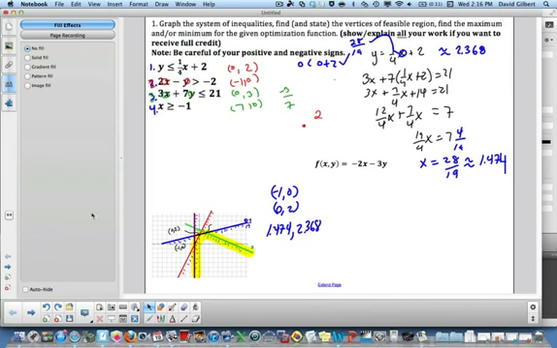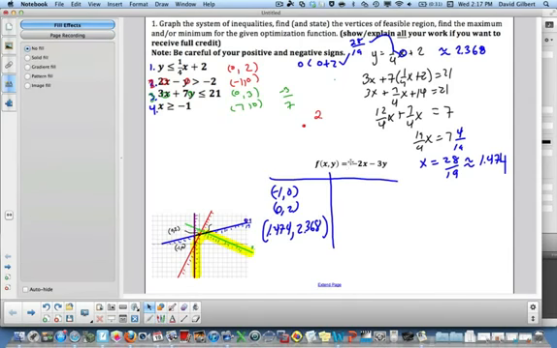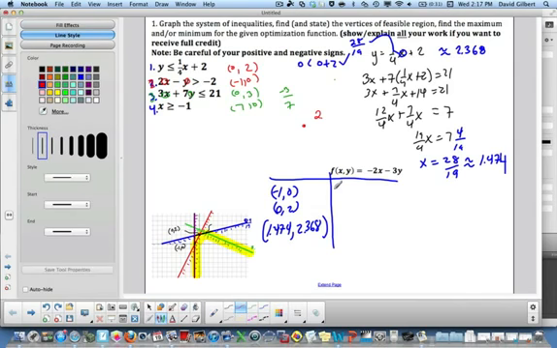If we plug in negative 1, 0, that gives me negative 2 times negative 1 is 2 plus 0 equals 2. If we plug in 0, 2, we have 0 minus 3 times 2, so we get a negative 6.